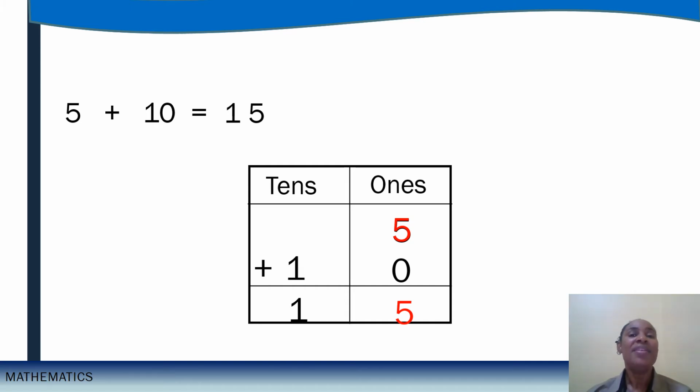If you said the 5 in the ones place in the answer is the same as the 5 that was being added, that is correct. If you also said the 1 in the tens place in the answer is the same as the multiple of 10 that was being added, that is also correct. Boys and girls, there are other things for you to discover as we go along. Are you in for it? I am in for it also.